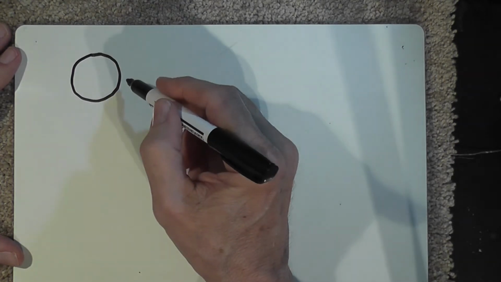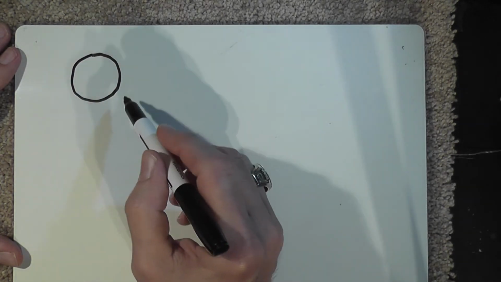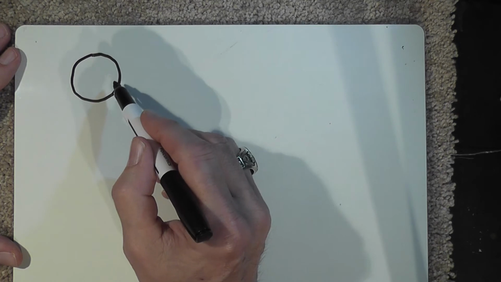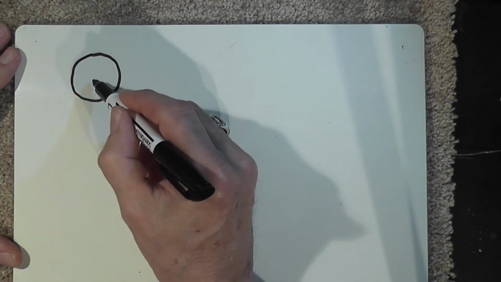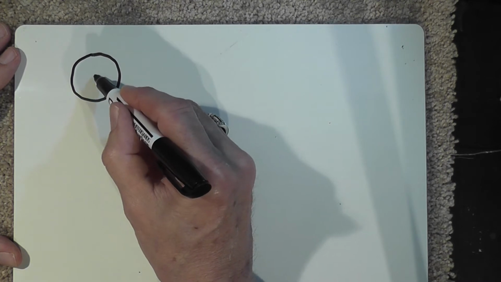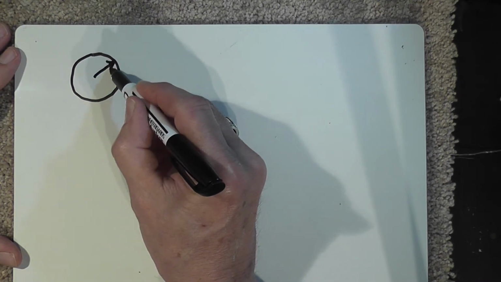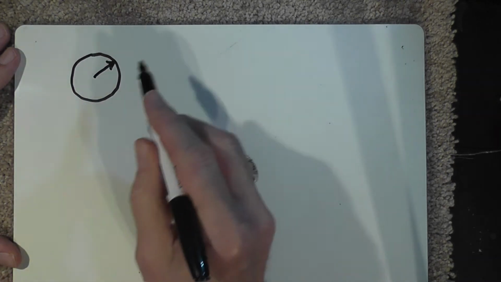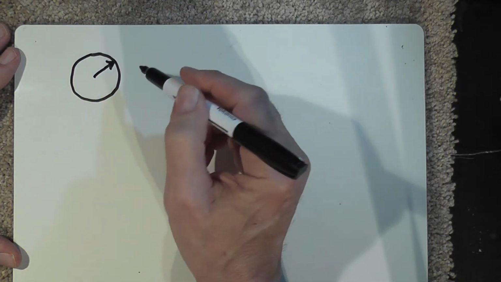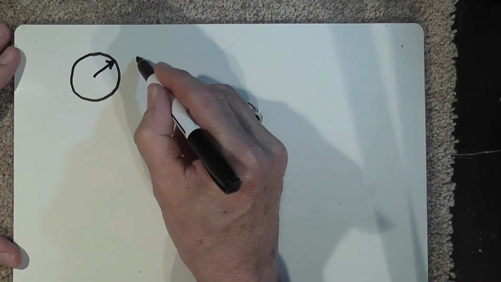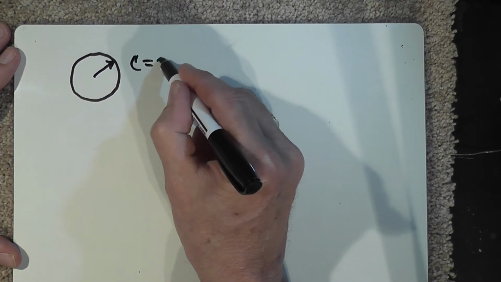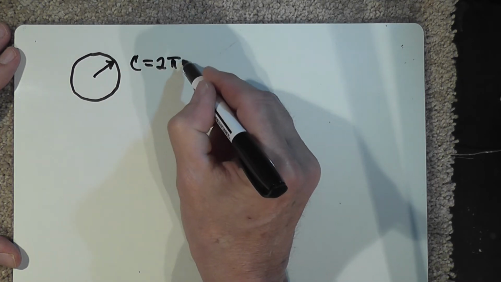And if we want to find the displacement around a circle, of course, this circle will have an R, okay? And we can find the circumference of the circle by this equation, 2 pi r.